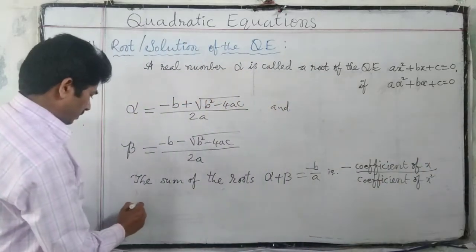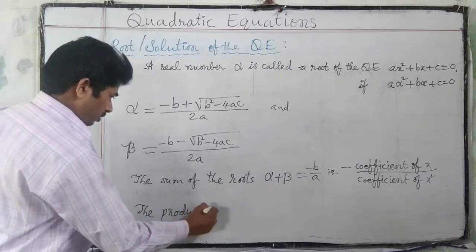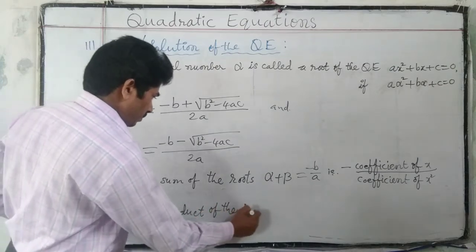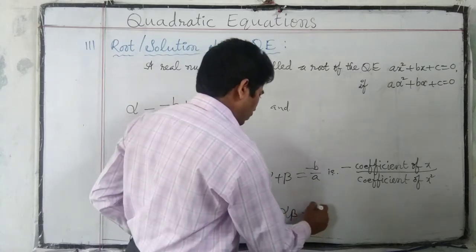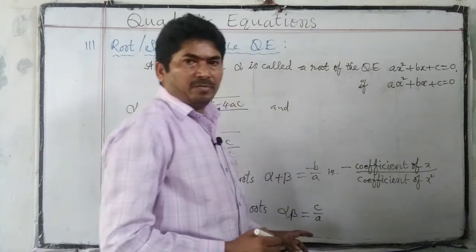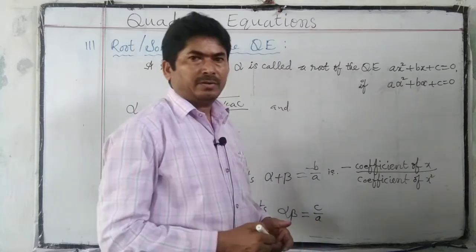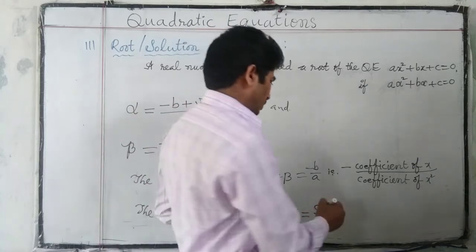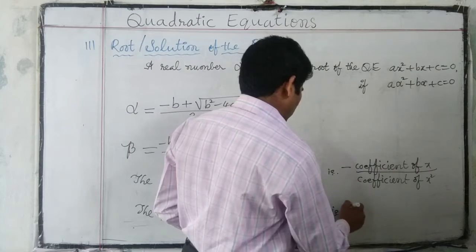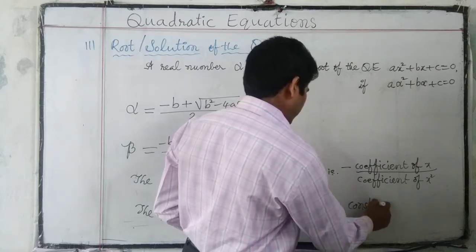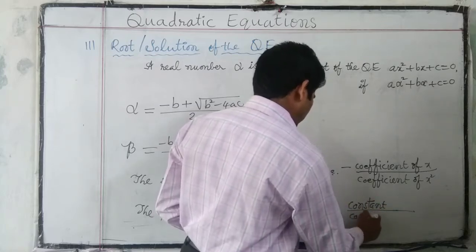And the product of the roots, alpha beta, is equal to c by a. We already know c is a constant, a is the x square coefficient, so that is constant by coefficient of x square.